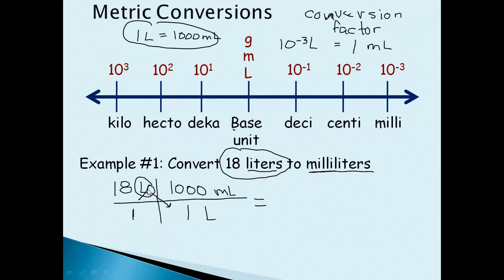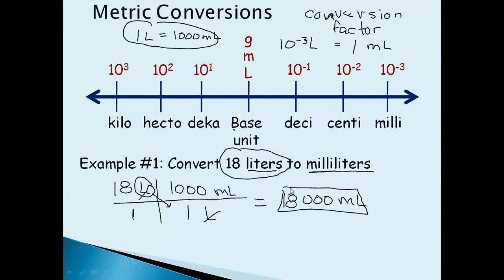By doing this, our units cancel out and give us the units that we need to solve the problem. So 18 times 1,000, 18 liters is equal to 18,000 milliliters. So that would be the answer to this conversion.